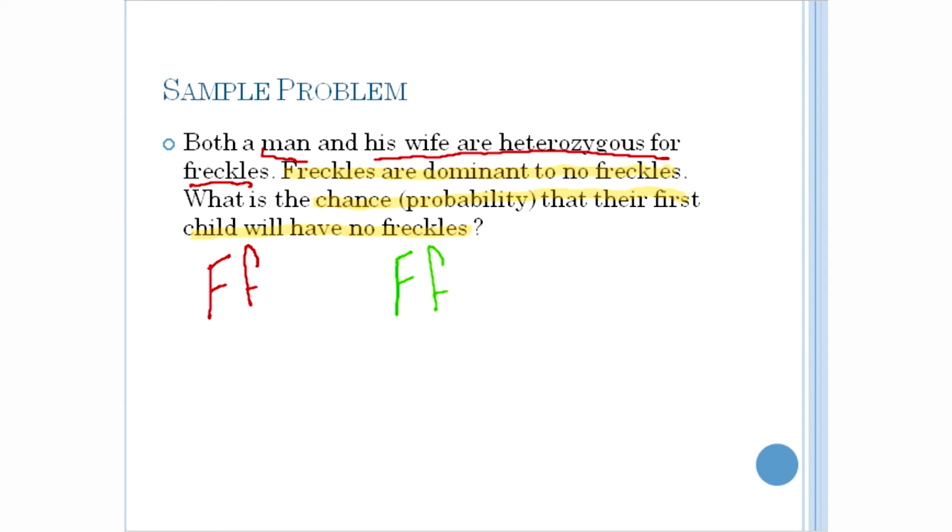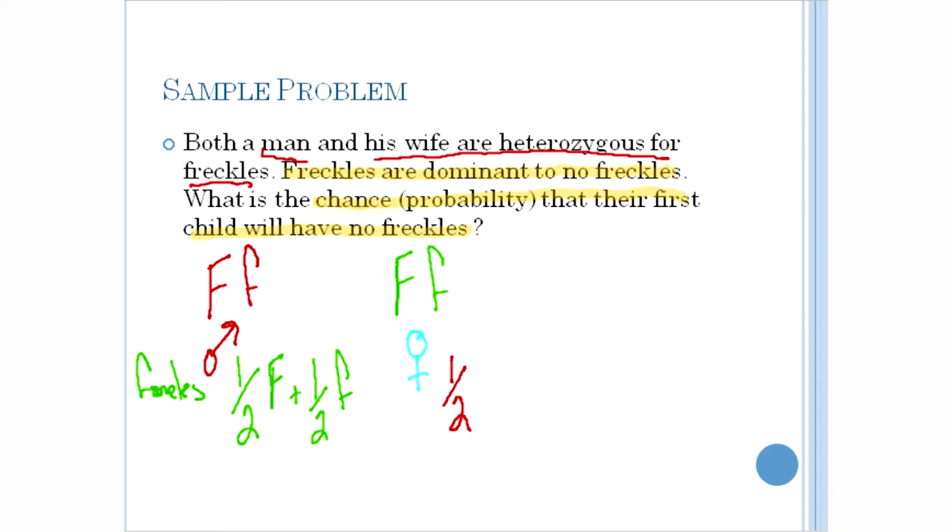The gametes produced from the parents are, I'll just write this note here for you to help, gametes 1/2 big F plus 1/2 little f for the man. For his wife, she as well, as she shares the same genotype, 1/2 big F plus 1/2 little f.